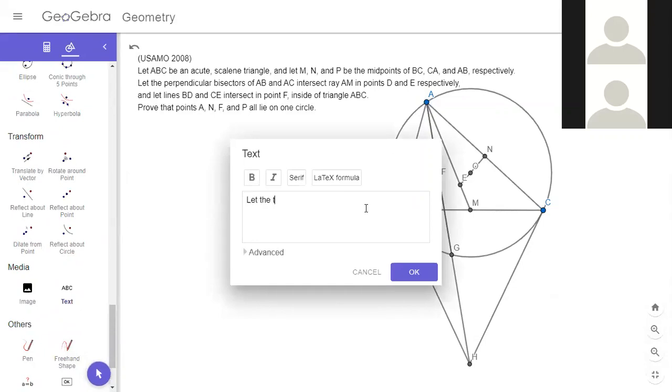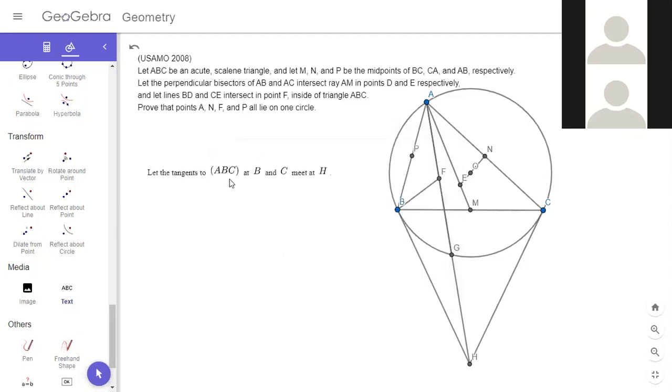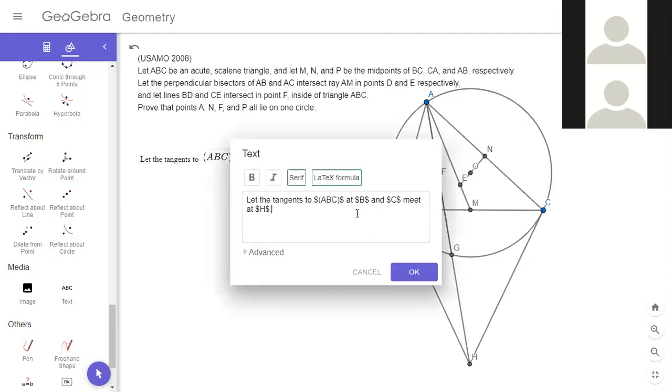So let the tangents to ABC at B and C meet at H. Let O be the center of the circle ABC.